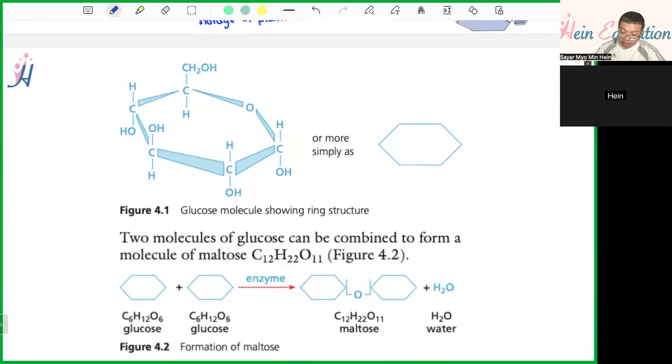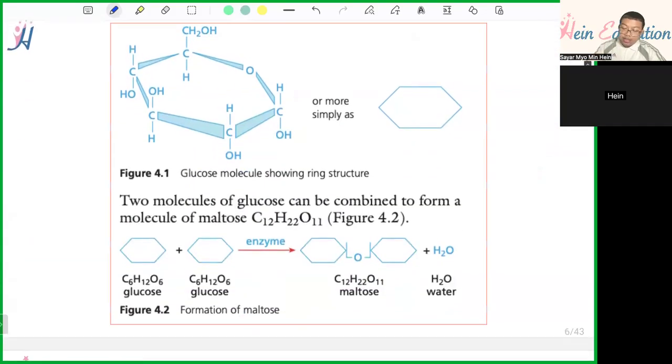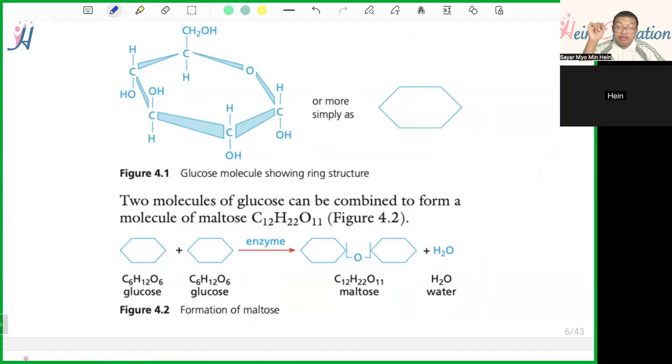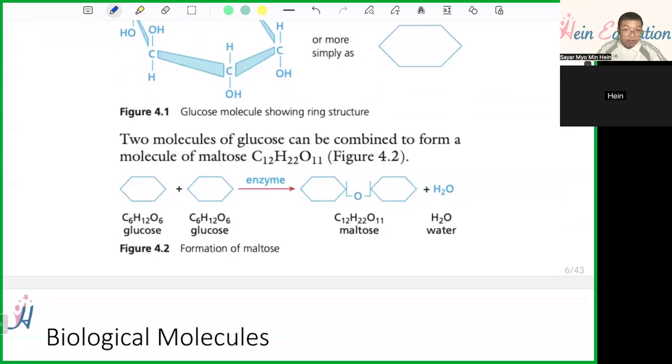You can see from this simple diagram, which we use to illustrate sugar molecules, that glucose and glucose react together and produce maltose and a water molecule. This is just extra information, because for international GCSE O level this is for the A level.